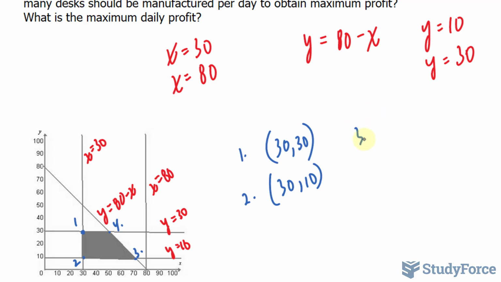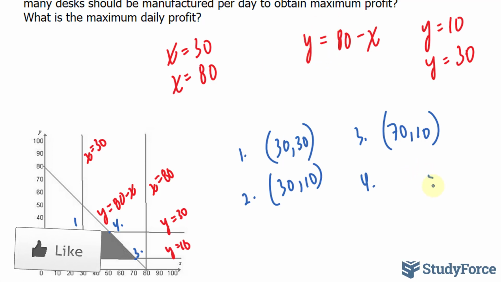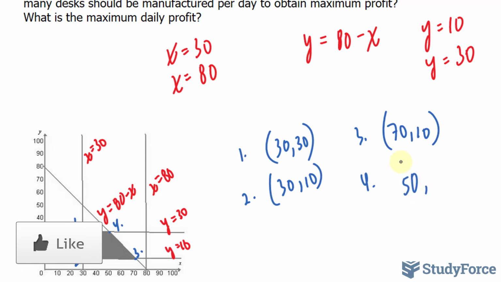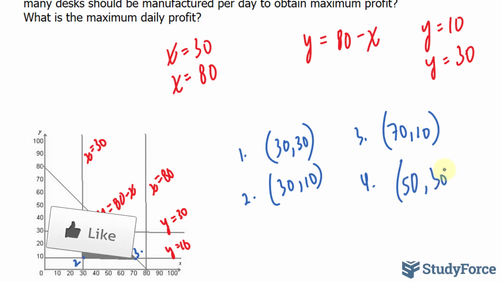So we have another point at 70 and 10. And this point can be found by substituting y is equal to 30 into this equation. Substituting 30 here, we have 80 minus 30, that's 50. So x is equal to 50, and the y coordinate is 30.